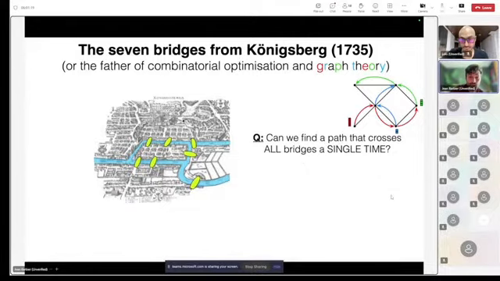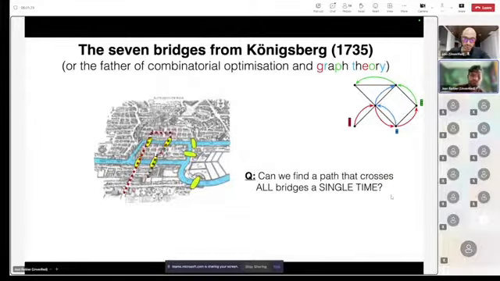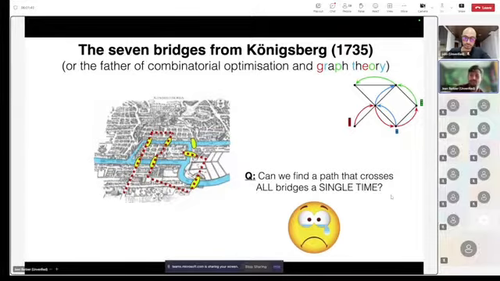So can you draw a line here that passes through all the bridges a single time? You have many possibilities to try. There are many places to start from and many choices to go everywhere. So you have a combinatorial number of possibilities. It's very many.